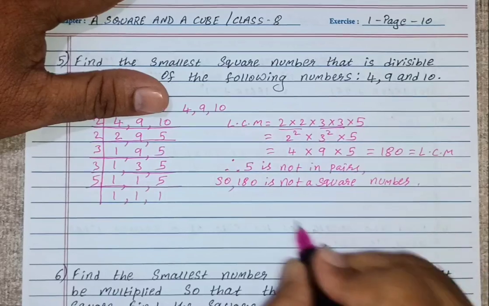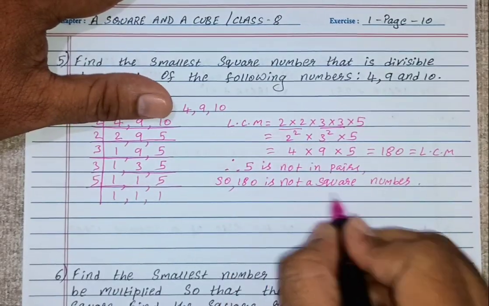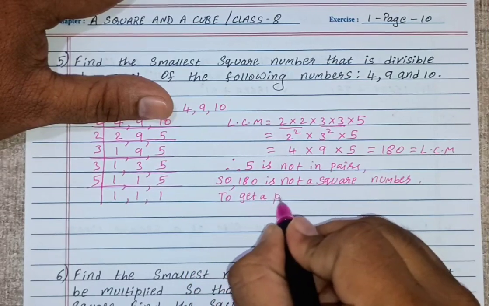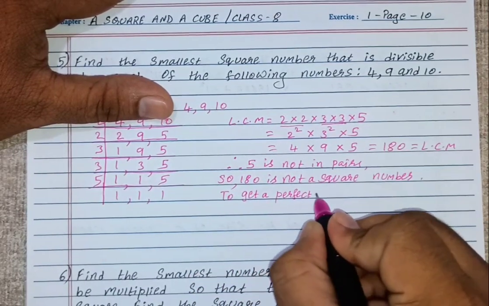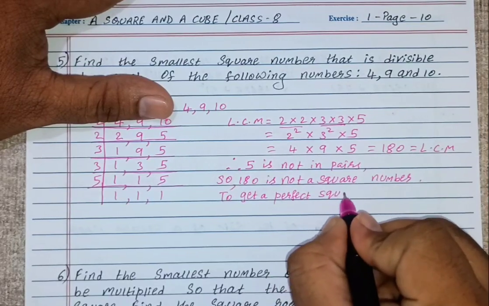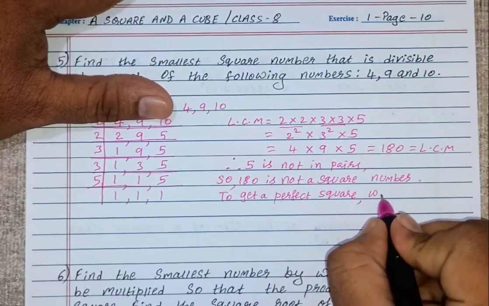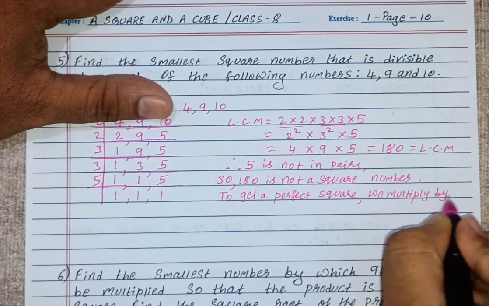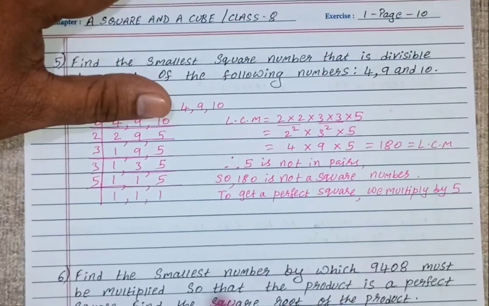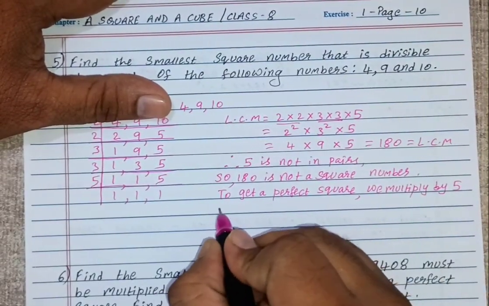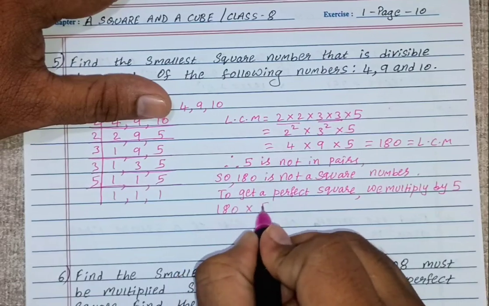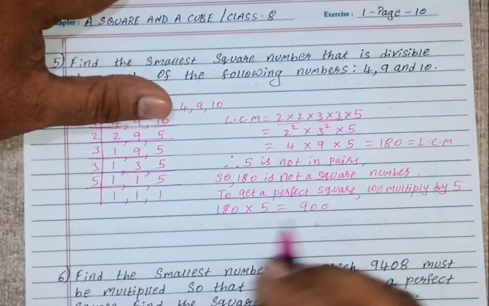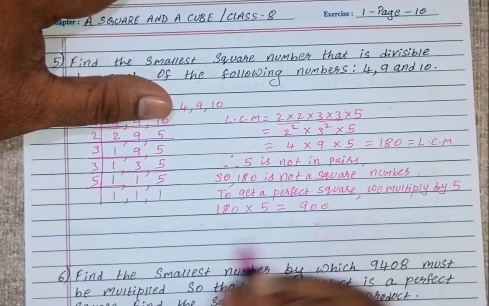To get a perfect square, we multiply by 5, children. So 180 into 5 is 900. And 900 is a perfect square.